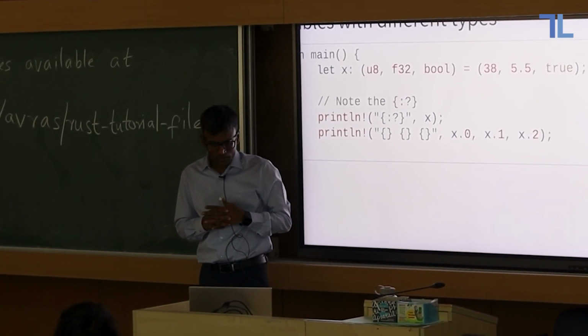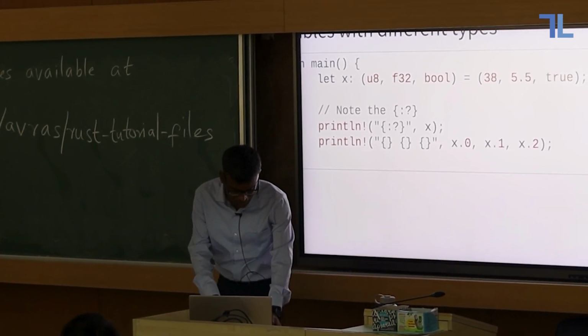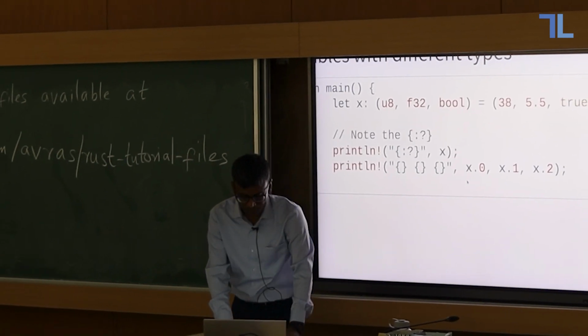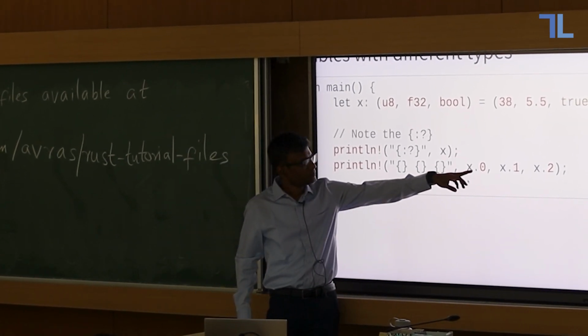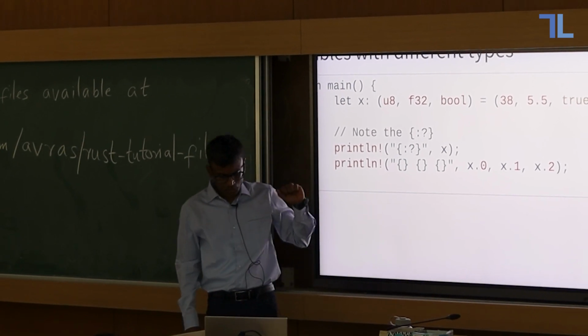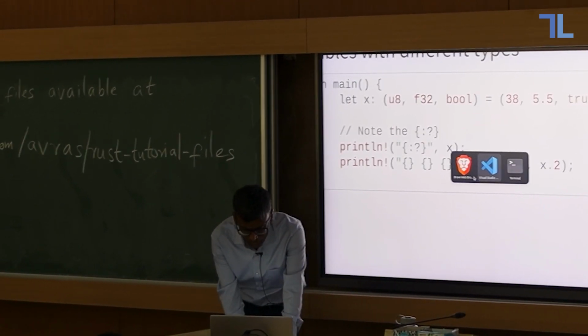So the question was, can I access it with a variable? We can just try that. Can these constants be replaced with x dot i, where i is a variable? i may have to be a usize, but we can try that quickly.